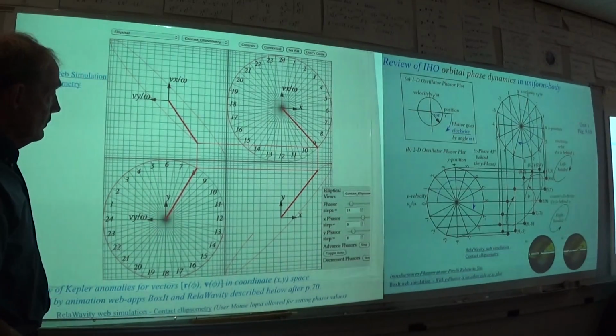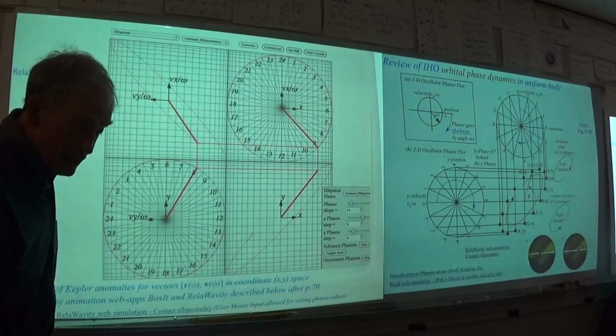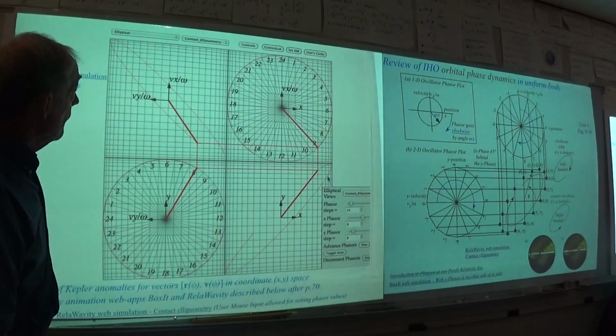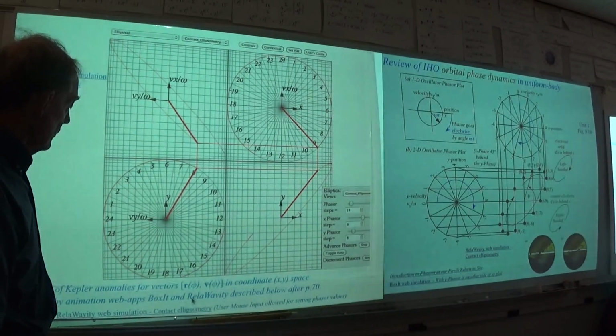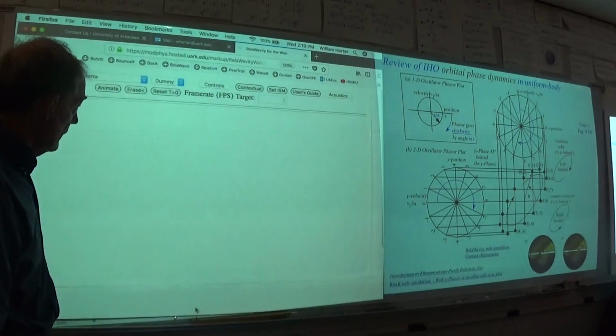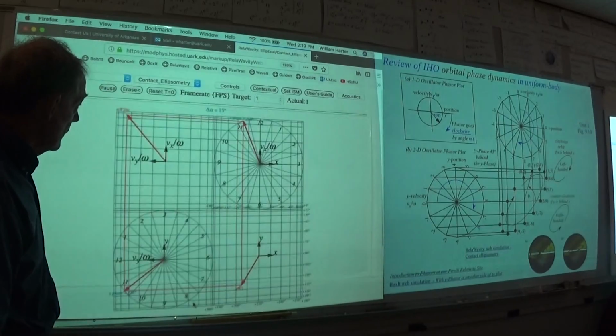And just to give you an idea of how that works, the simulation connection is down here. Just to get this thing moving, I hope it comes up here, yeah.